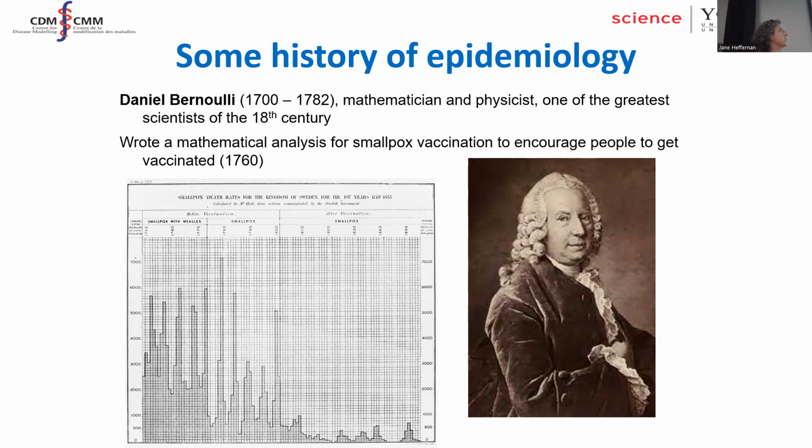And in the 1700s, there was work done by him to plot out the cases of smallpox in the Kingdom of Sweden. So this is an actual plot, something that he did, where he was looking at the outcome of a vaccination program to combat smallpox. He's showing a graph of smallpox with measles, and this is a graph of cases of smallpox.